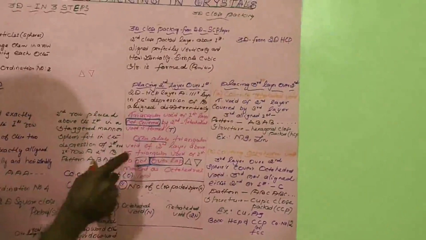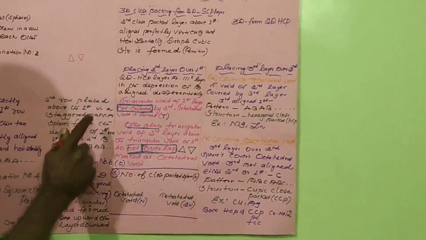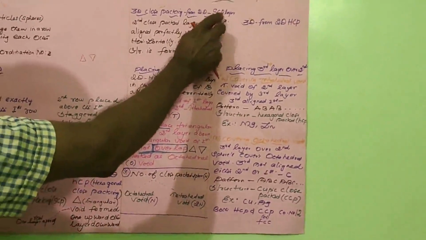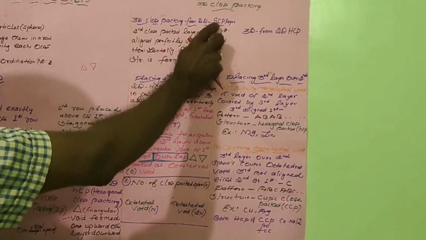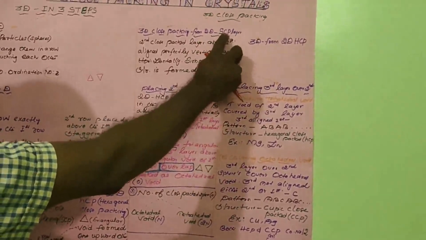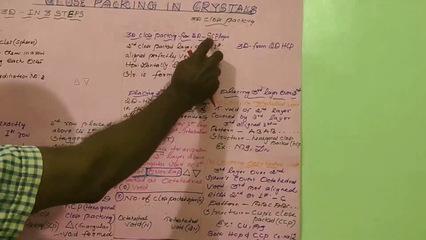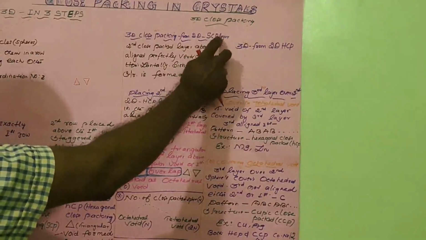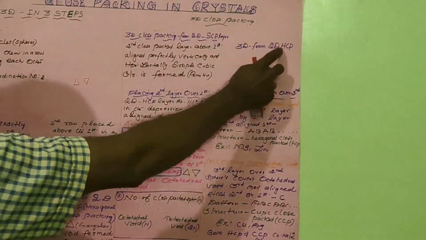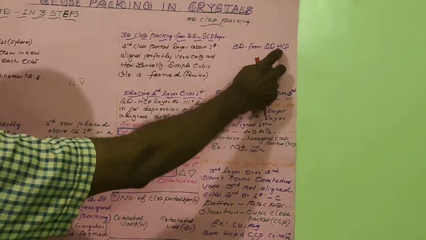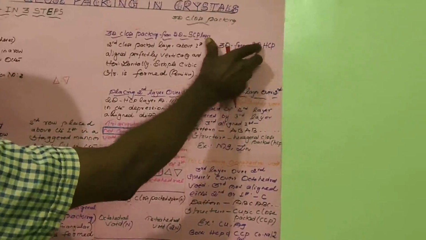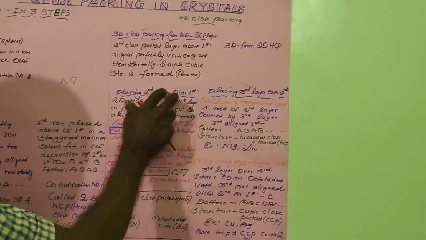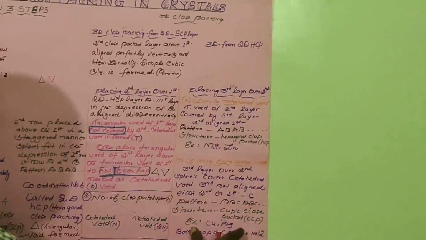So from two dimensions we form two types of layers, the square close packed layer and the hexagonal close packed layer. From these, the type of void and the type of crystal structure are formed.